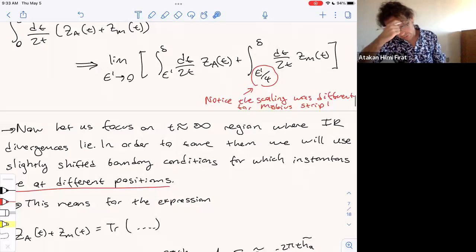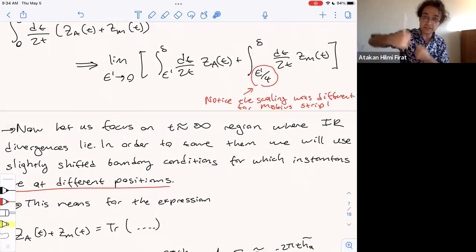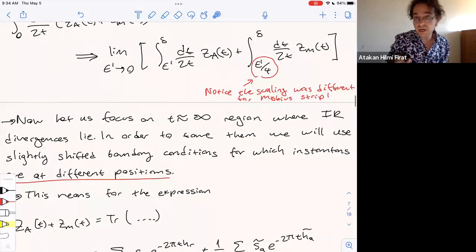So now let's focus on the t goes to infinity region, where the open string states are going to propagate. This is the part that is really problematic in a certain sense. There's an IR divergence because of zero modes, as I said.